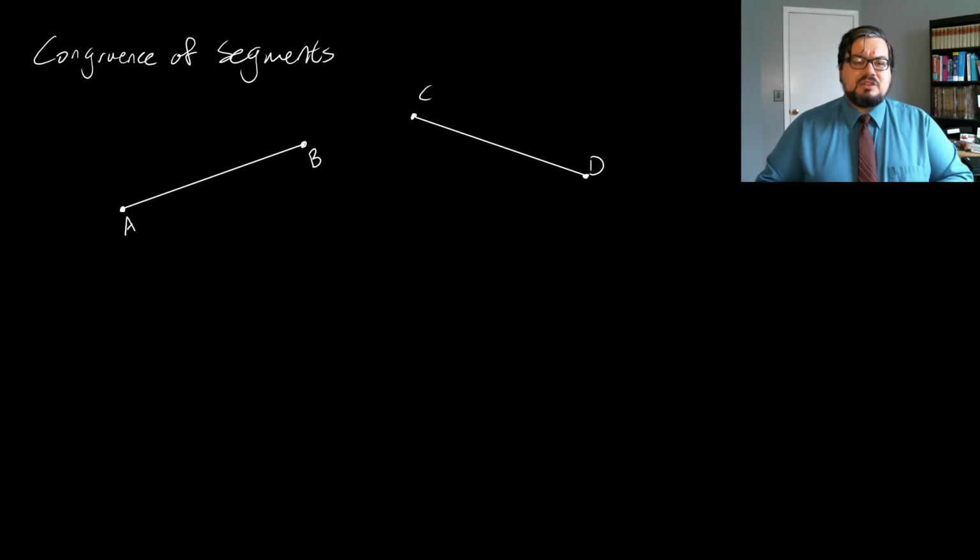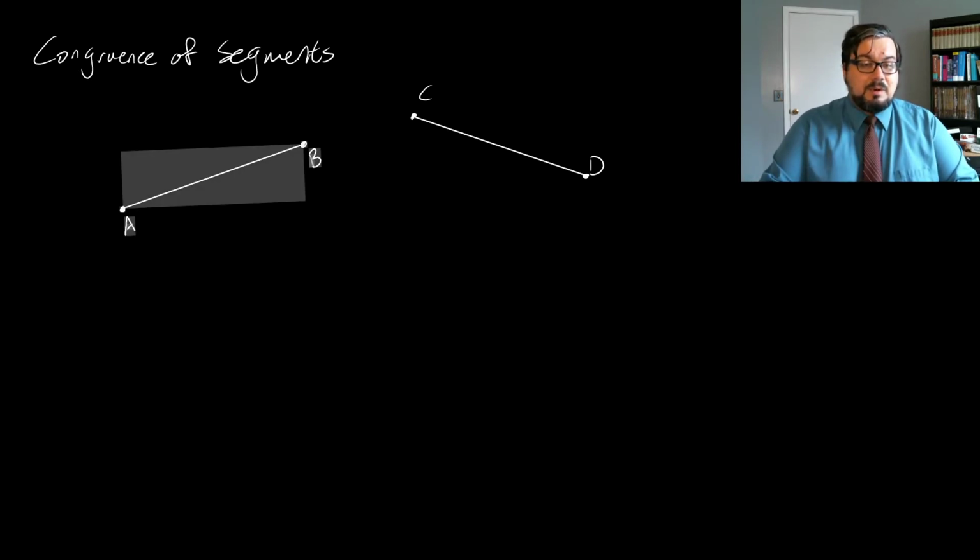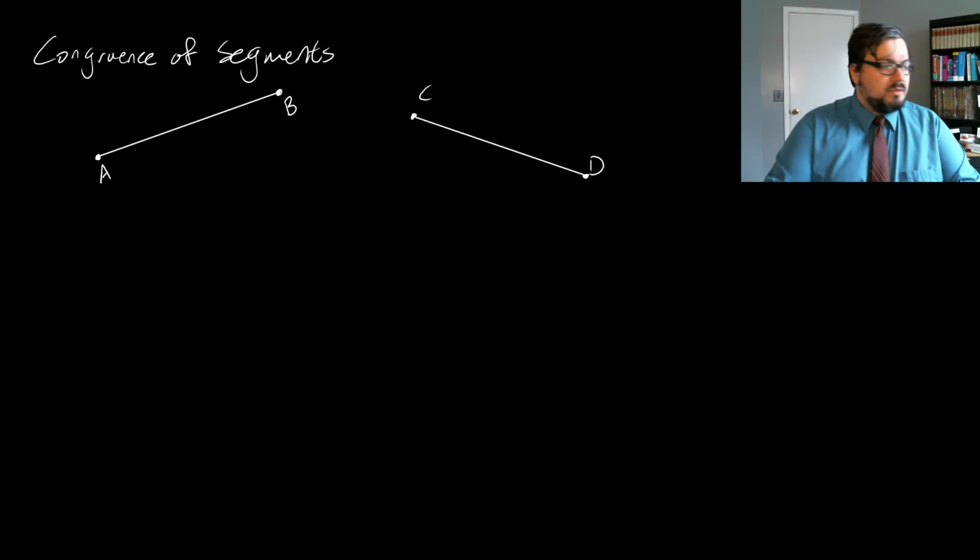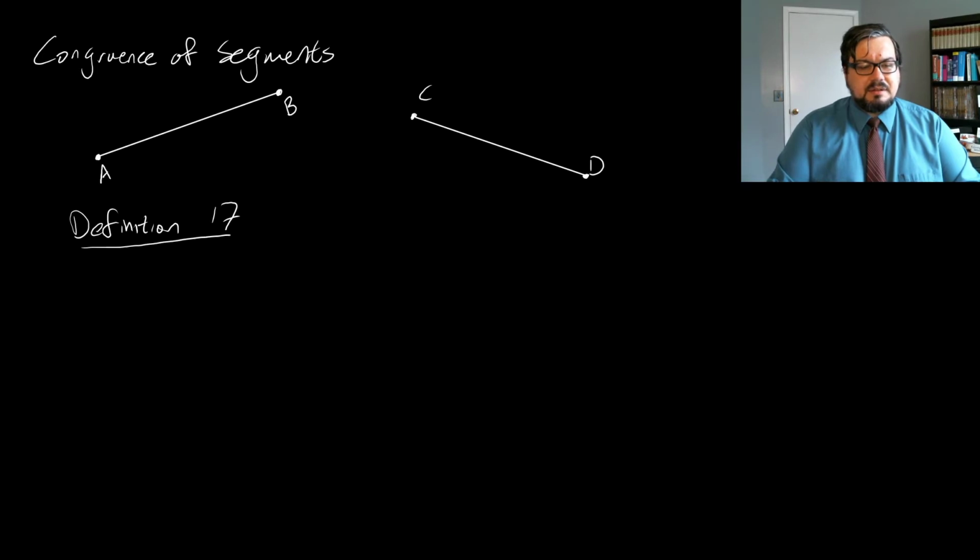We can associate a length to each segment in our geometry and simply say that two segments are congruent if they have the same length. In fact, that's exactly what we're going to do. So, definition 17.